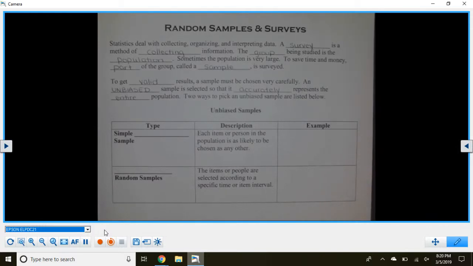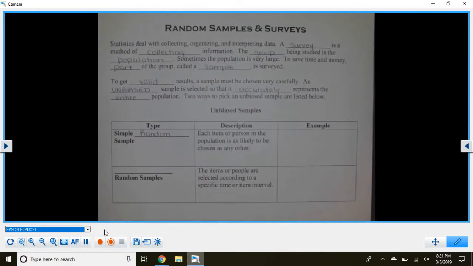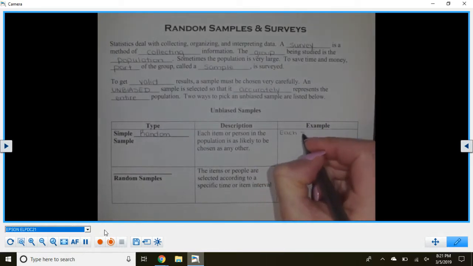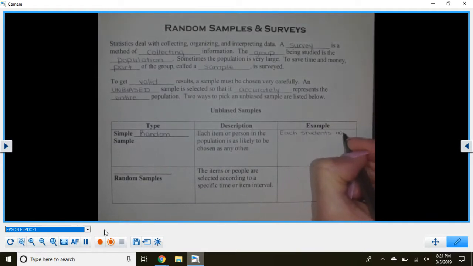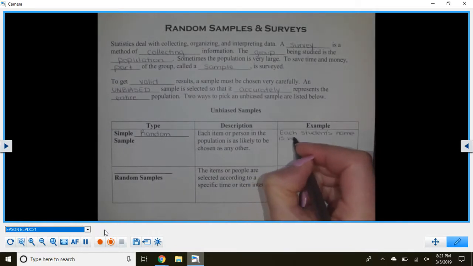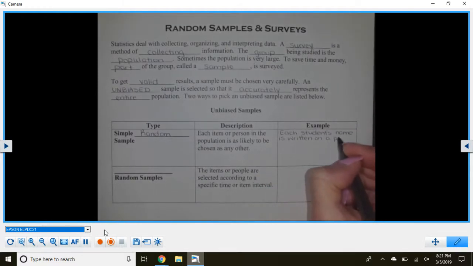The first way is called a simple random sample. A simple random sample is described as follows. Each item or person in the population is equally likely to be chosen as another. An example of this might be that each student's name is written on a piece of paper.